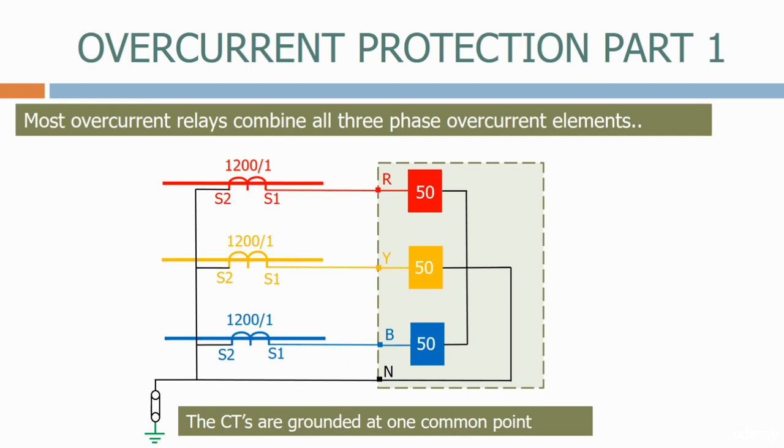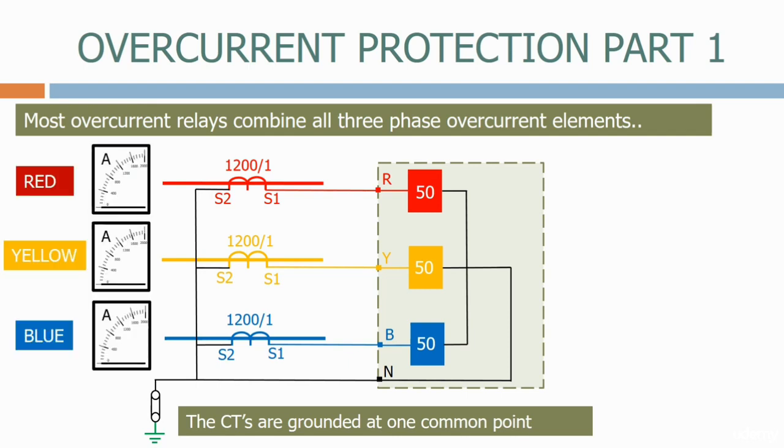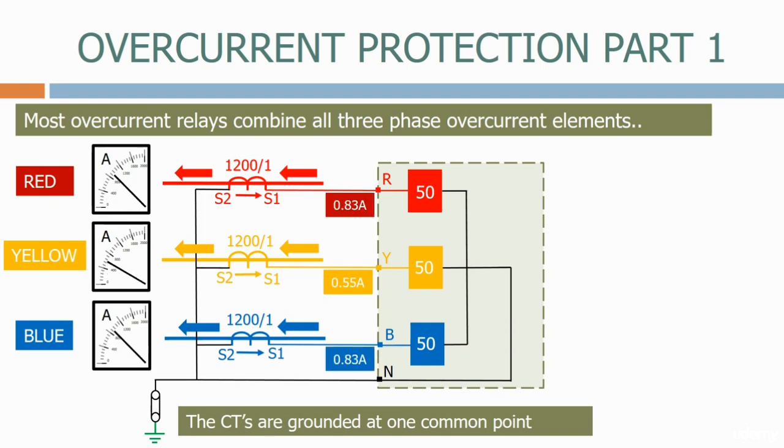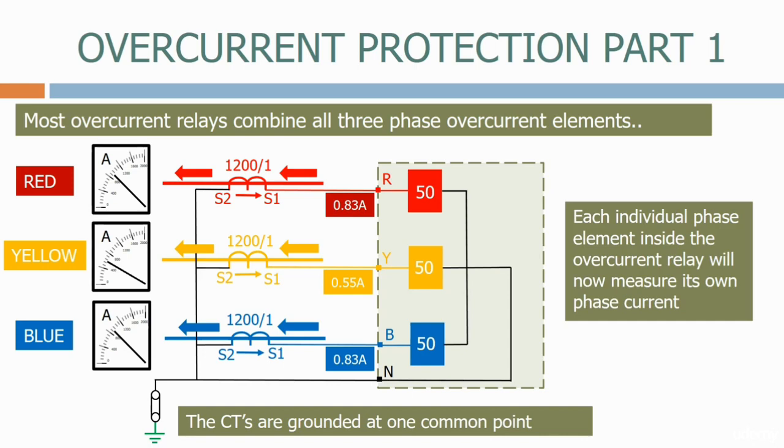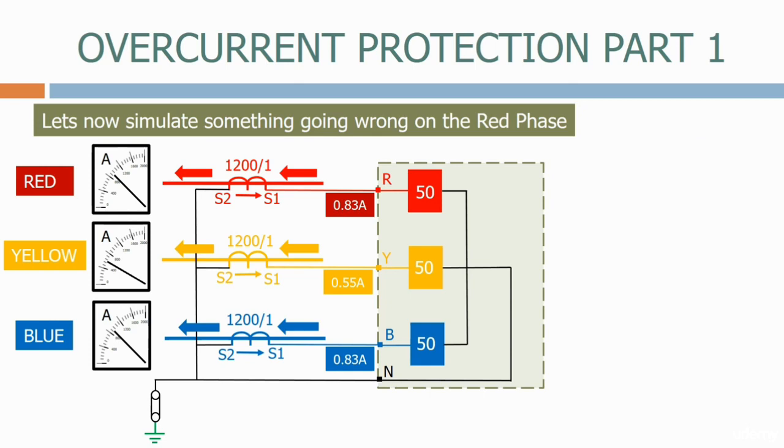Let's now apply load to all three phases and see what happens. Each individual phase element inside the overcurrent relay will now measure its own phase current. Let's now simulate something going wrong on the red phase.